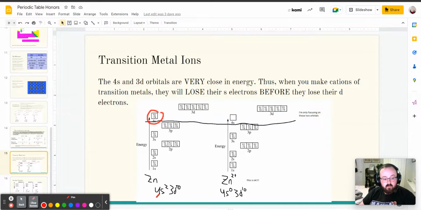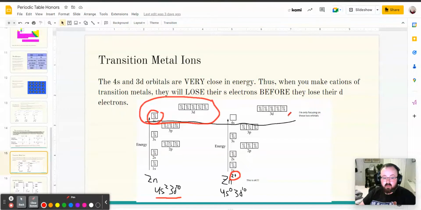So here is zinc, 4s2, 3d10. I'm only focusing here on these electrons. If you are going to make zinc 2 plus, remember, positive charge removes electrons. You remove the electrons from the s orbital first.